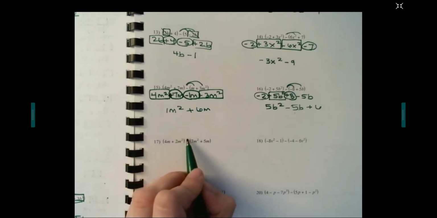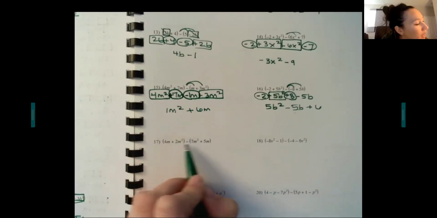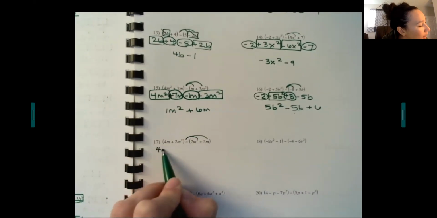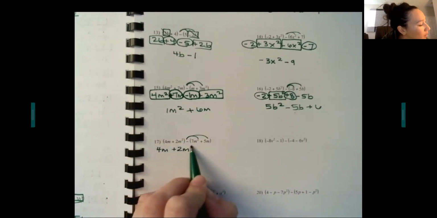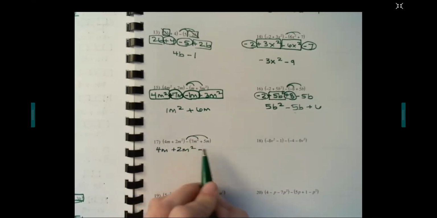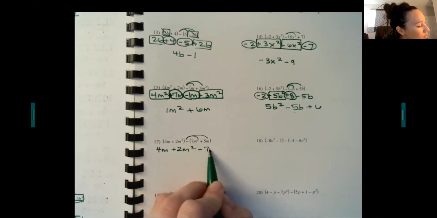So first I bought 4m. I think we need to rewrite it first, right? So we have 4m plus 2m squared, but then it would change to plus. So the 7m squared becomes negative 7m squared, right?